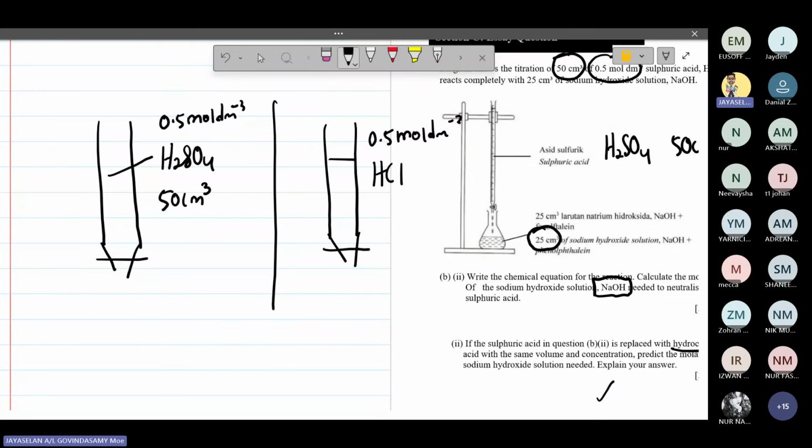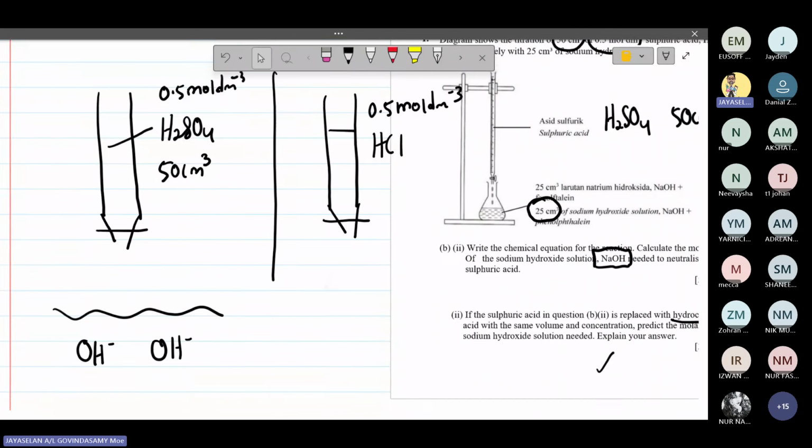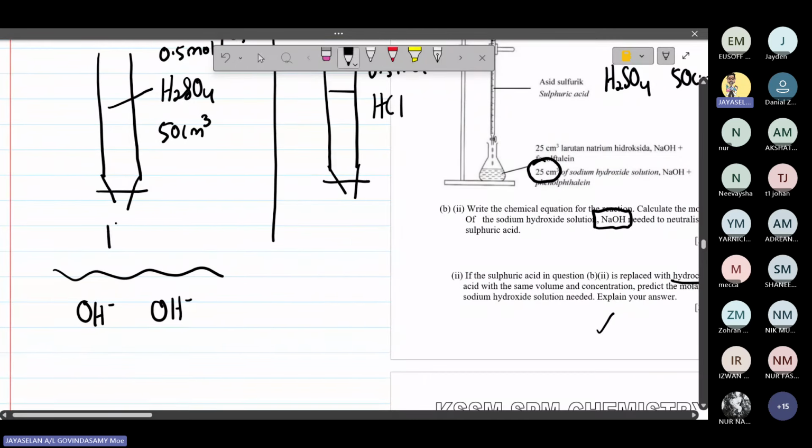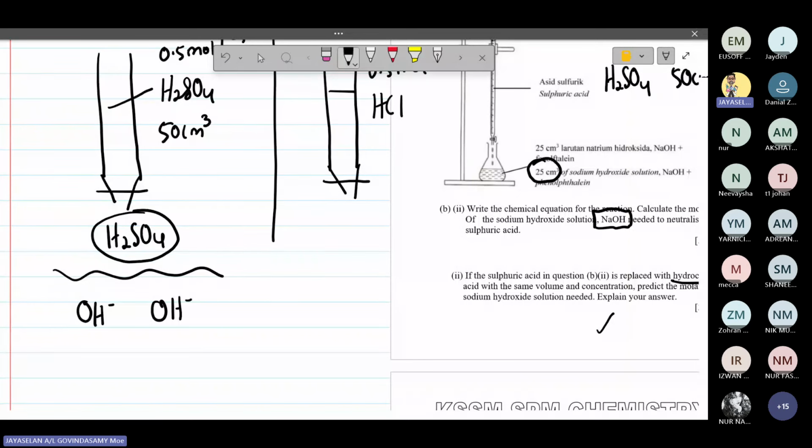Okay, volume dia berapa? So di sini larutan ini saya letak 2 hydroxide ion. So for 2 hydroxide ion, I need 1 sulfuric acid, because 1 sulfuric acid will ionize to produce 2 hydrogen ion. Why? Because this is diprotic acid.